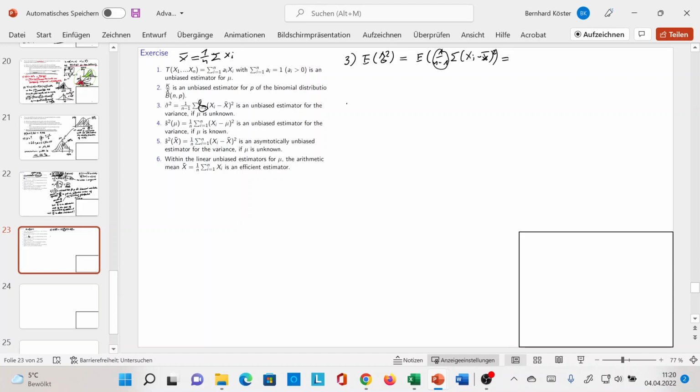So we obtain 1 over n minus 1 times the expected value of the sum of (x_i minus x bar) squared.